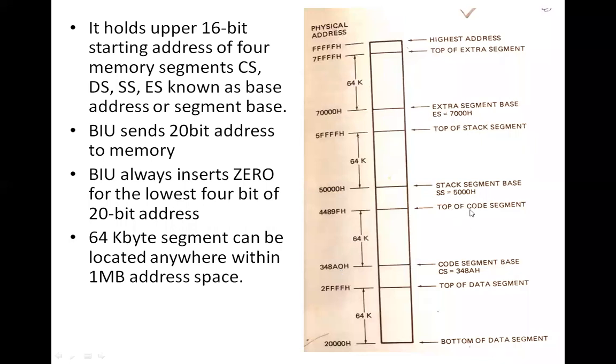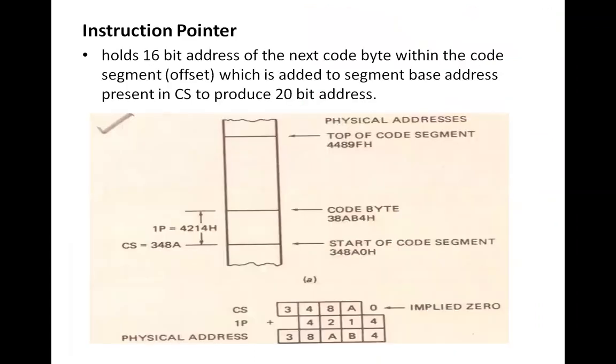And the top of the code segment will be 4489F by adding FFFF to that, because FFFF represents the 64K. So in this way, this is the functionality of the segment register.